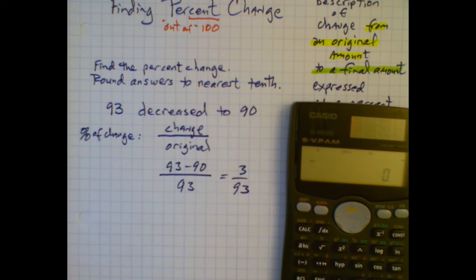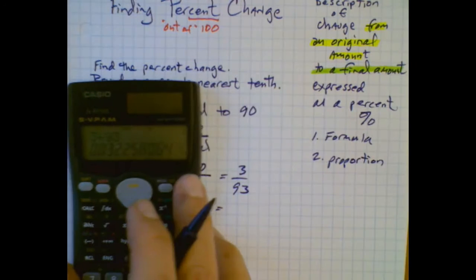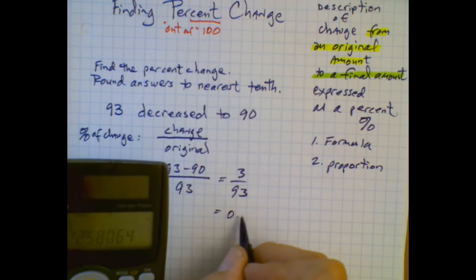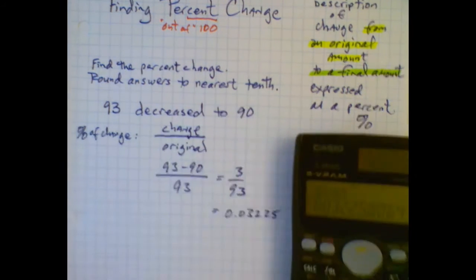A fraction is a division problem, so I'll divide 3 divided by 93. When I do that, I get this answer, 0.03225. Let me just record it: 0.0322. I'll stop at that much of the number.